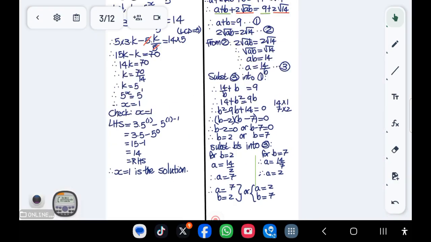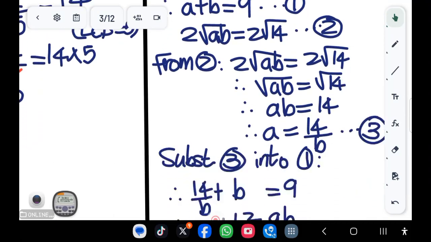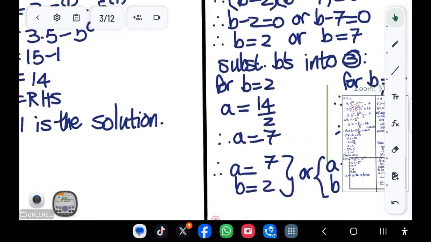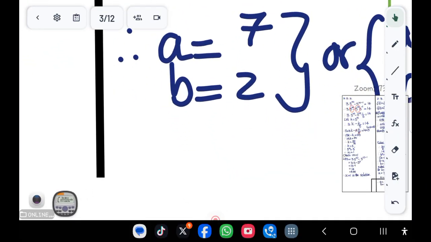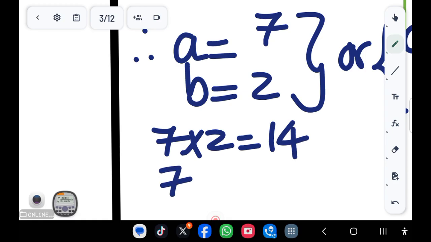Now let's check. If you were to check, all you need to do is find a times b, that gives us 14. For this one, 7 times 2 will give us 14, and 7 plus 2 will also give us 9.